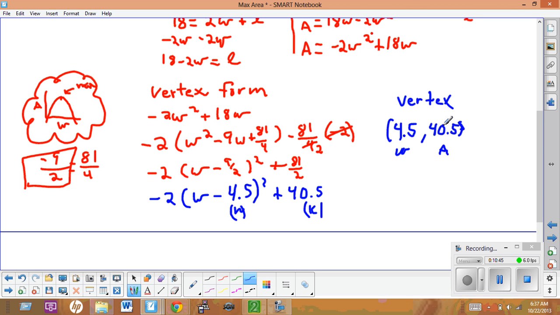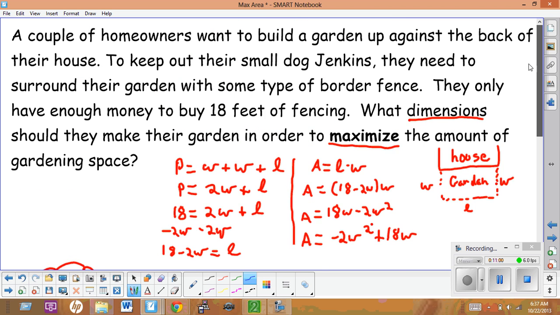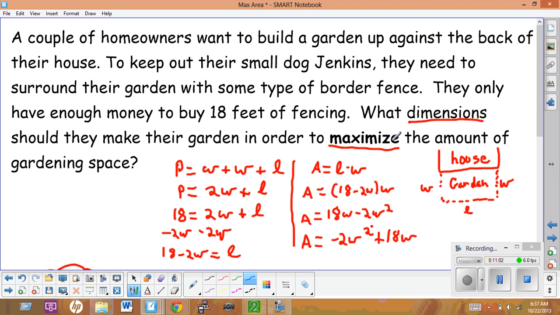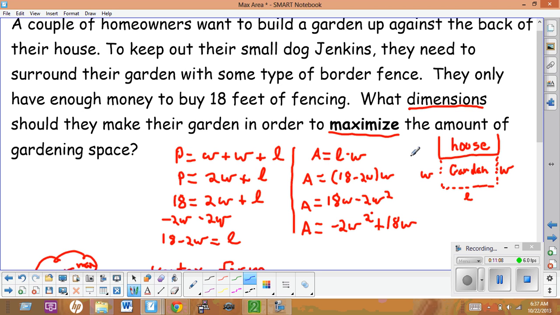So the maximum area we're going to have is 40.5 square feet. The width that will give us that will be 4.5. The original problem, we're looking for dimensions. Let's go back and look up there. Looking for the dimensions that maximize. We know the maximum, 40.5 square feet. The dimensions, however, we have to go back and do some substitution. And we're going to use perimeter.